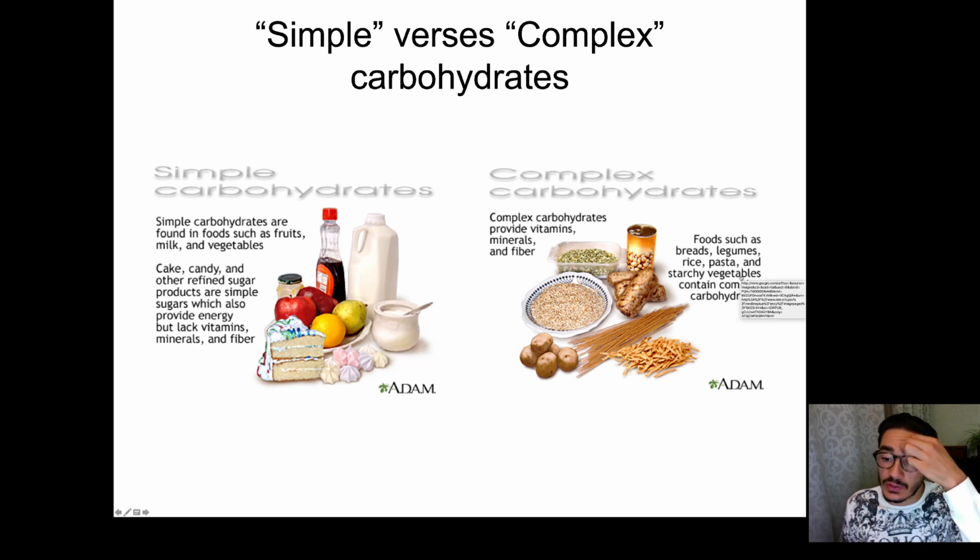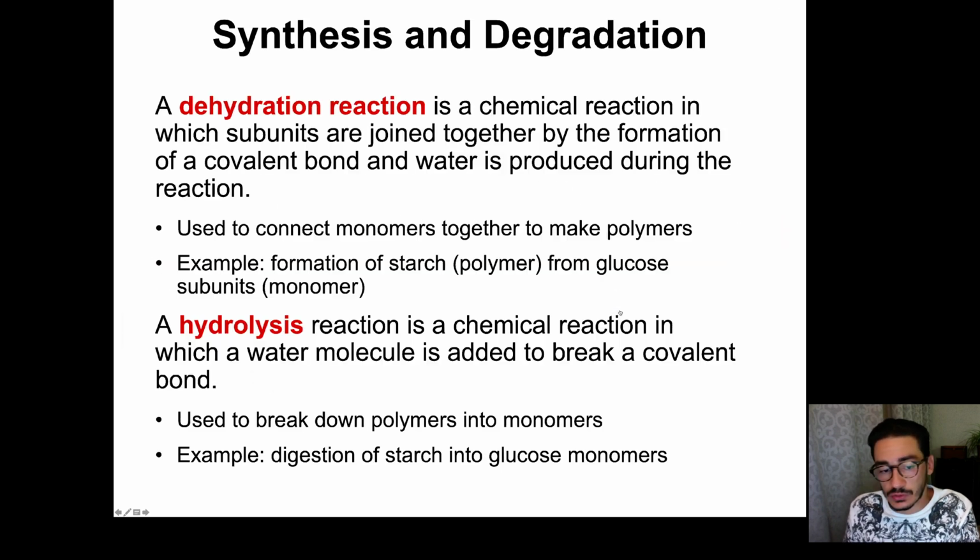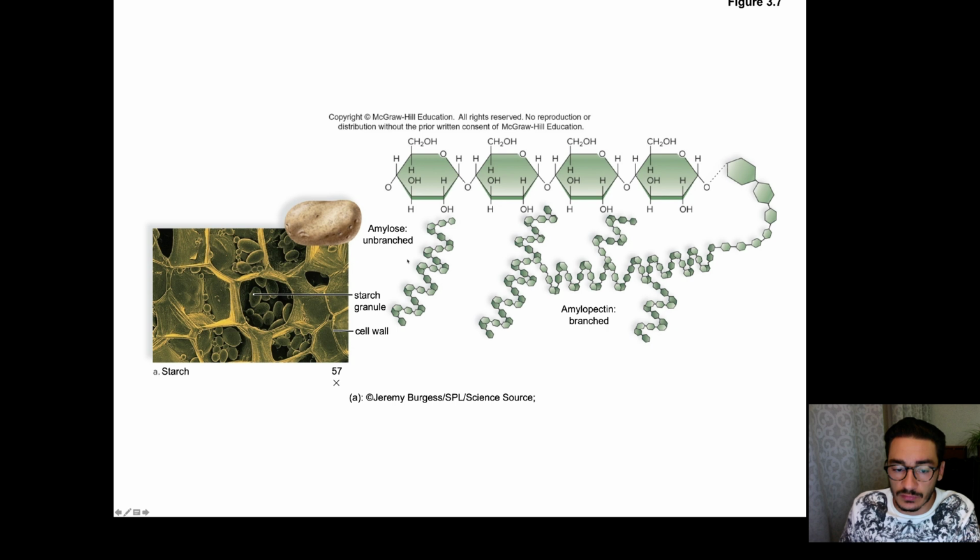So if you consume things like pasta, potatoes, sweet potatoes, grains, those are made of complex sugars in the form of starch. And when you have oatmeal in the morning, your enzymes are going to chop those glucose molecules over time, right? So your body is going to consume it.